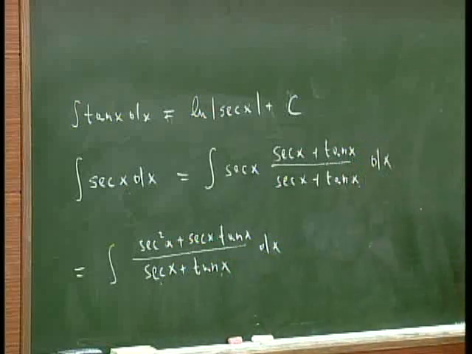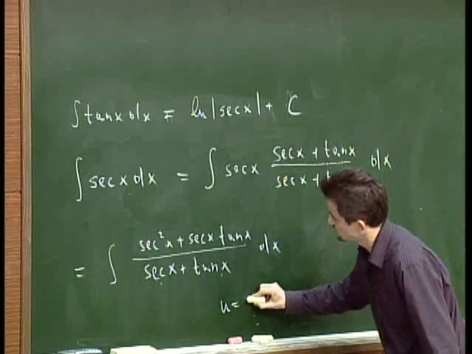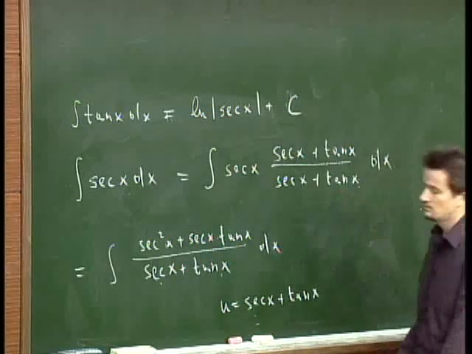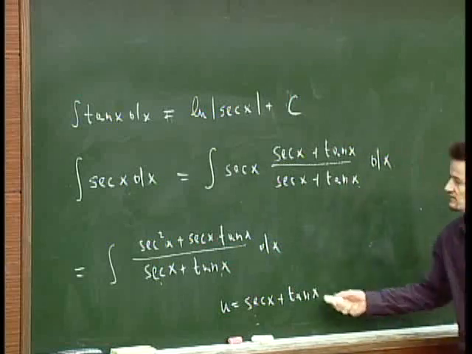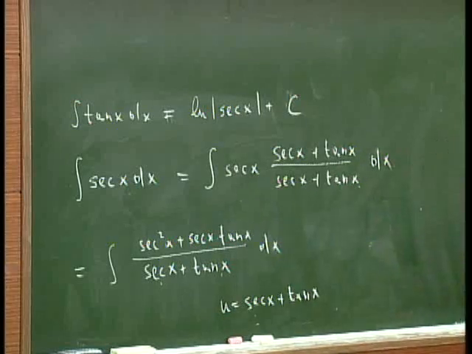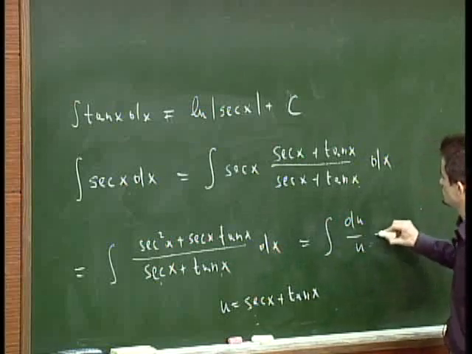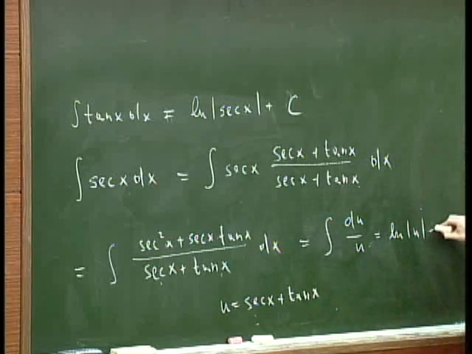Okay, so we will do the substitution u is equal to secant of x plus tangent of x, because we have the derivative of this as a multiplicative factor, and everything will become the integral du over u, which is very simple, ln absolute value of u plus c.